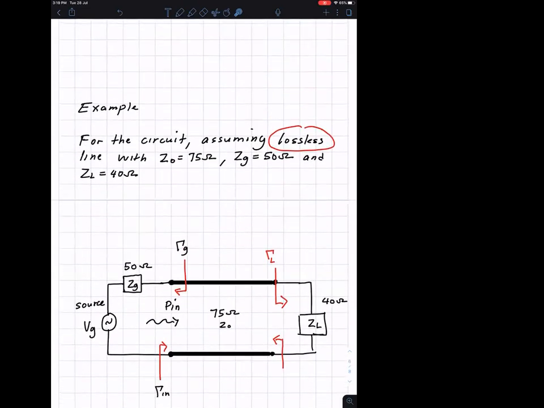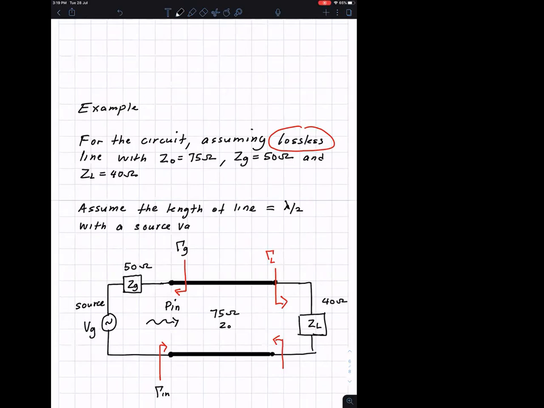Okay, let me complete this question. Assume the length of the line is equal to lambda over 2, with a source voltage Vg equal to 5 volts.